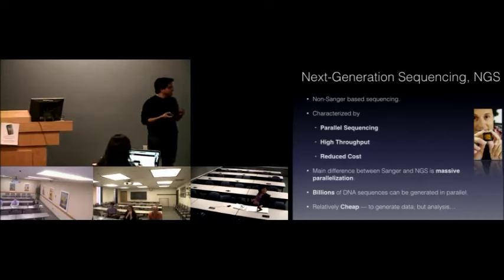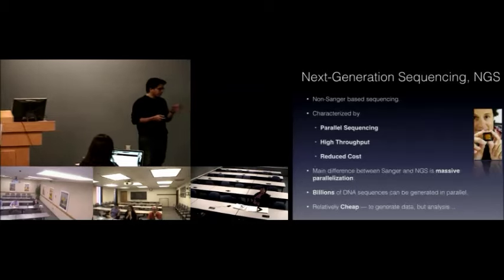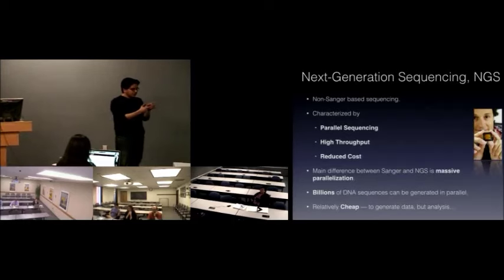Now we get a lot of sequences in seconds, and there are many vendors: Illumina, Pacific Biosciences, Oxford Nanopore. What they're all characterized by is that they all parallelize the reactions to get the sequence, and they all parallelize it on a small solid surface.